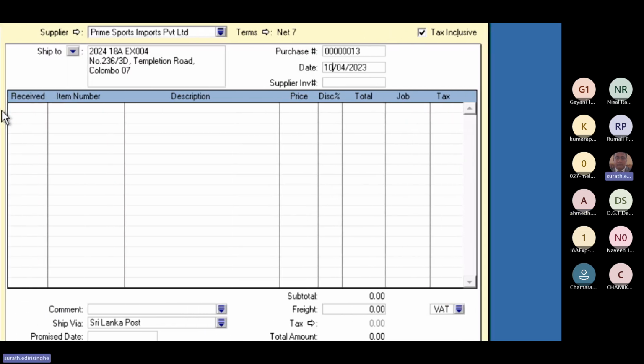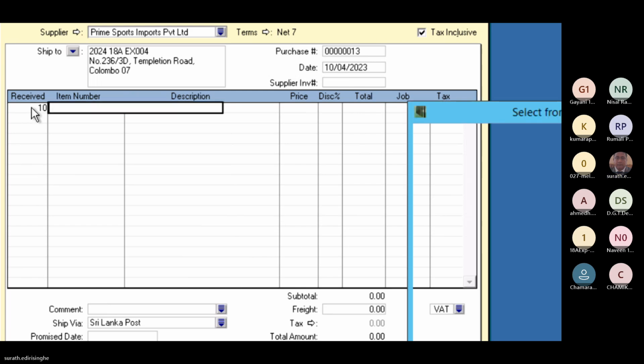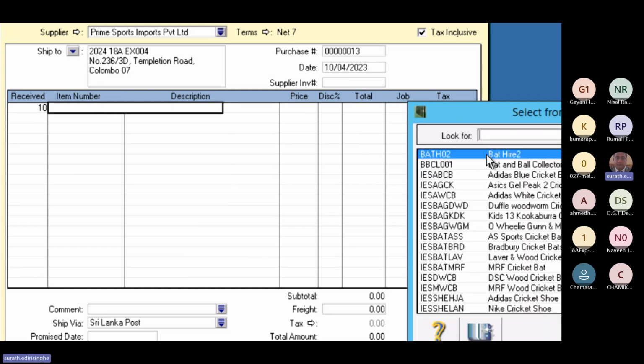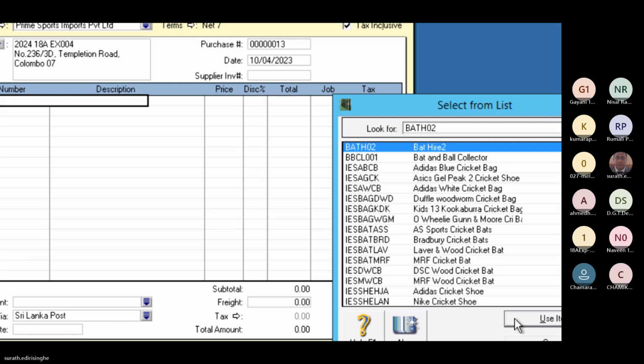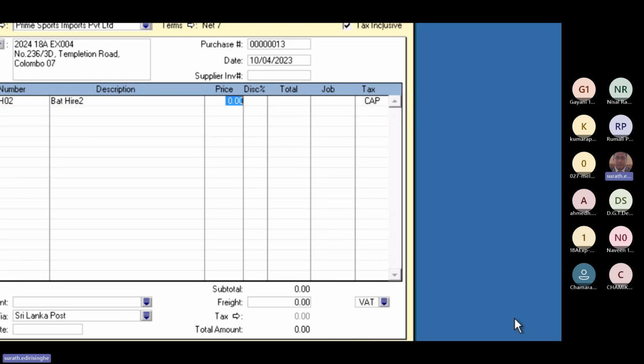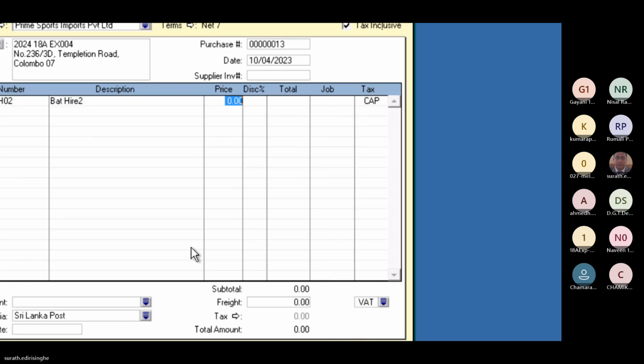Then go to the quantity received 10, item bat, unit price, how much? Unit price 3,500. Only Ahmad supporting me. 35,000 capital asset.